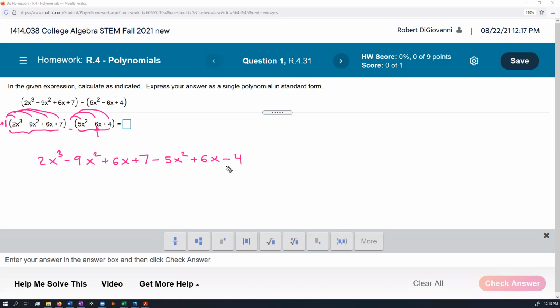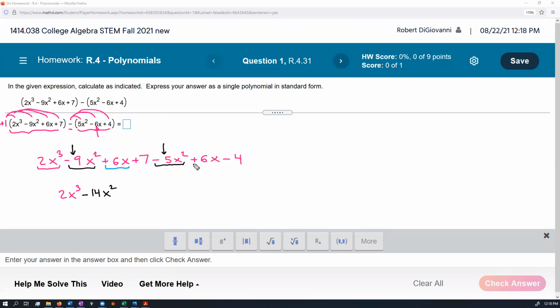And now we want to combine like terms. I only see one x cubed term, so we're going to have 2x cubed. But I see that there are 2 terms that have x squared. When we put those two together, all we have to do is look at their coefficients, -9 and -5, and add those together. So -9 plus -5 is really going to be -14x squared. Then I look at the x terms.